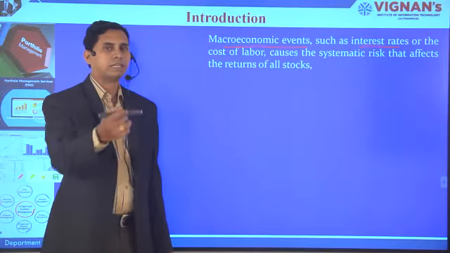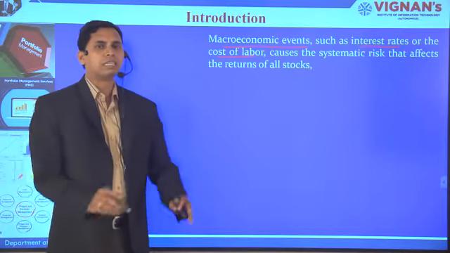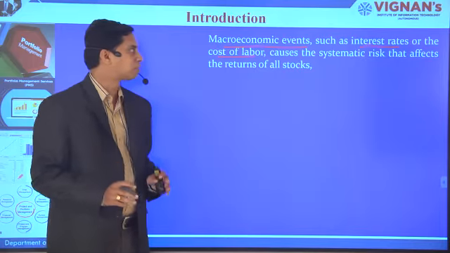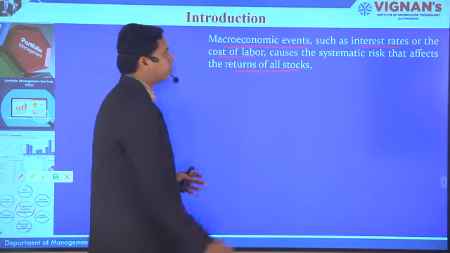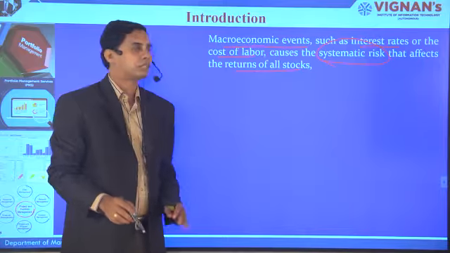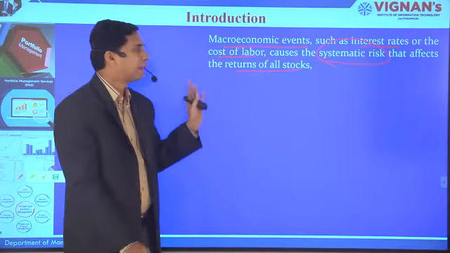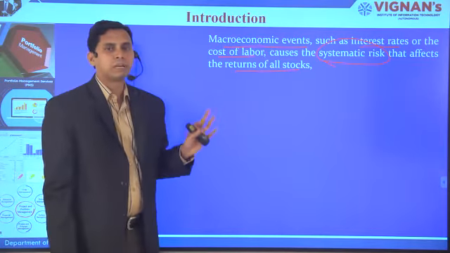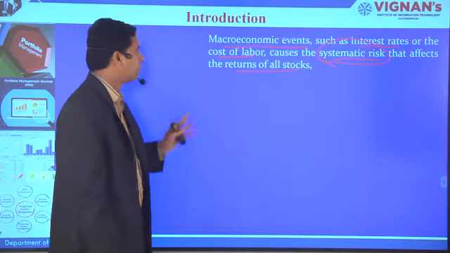If there is a change in the interest rate, in the cost of labor, or in the inflation rate, all these macroeconomic events pose a risk to all the stocks in the portfolio, which is nothing but systematic risk. We need to consider this systematic risk because interest rate risk, cost of labor and similar macroeconomic events affect any portfolio. That is why in the Sharpe single index model we consider the systematic risk in the calculation of the Sharpe index.